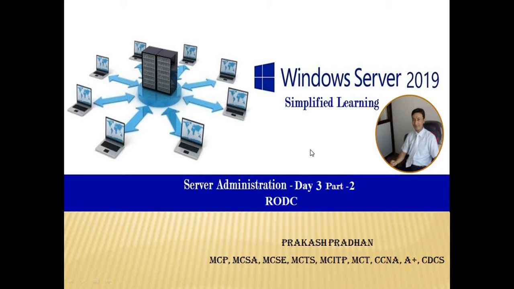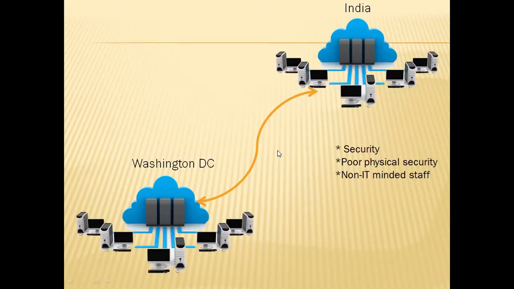So let's see what might be the possible causes for the necessity of a read-only domain controller in your network environment. Let's say we have a branch office and we are supposed to install another domain controller as an authentication mechanism for the next destination server that will be acting as a branch office.